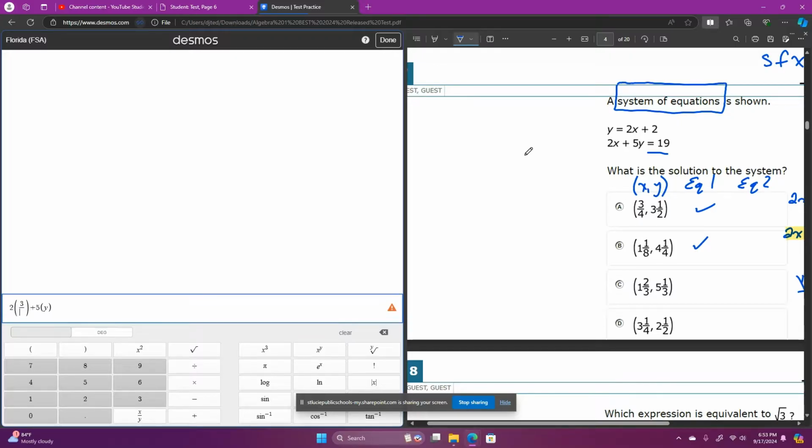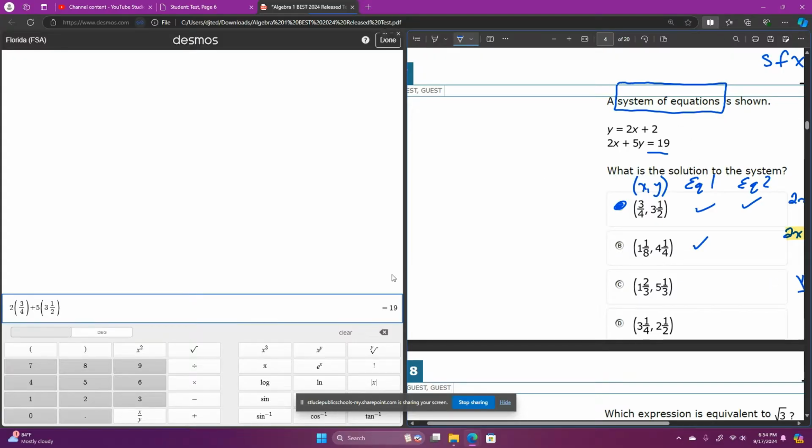So if we put in 3/4 for x and 3.5 for y, we do get 19 for answer choice A. That works. This ordered pair worked for both equations, so we know it's the answer.